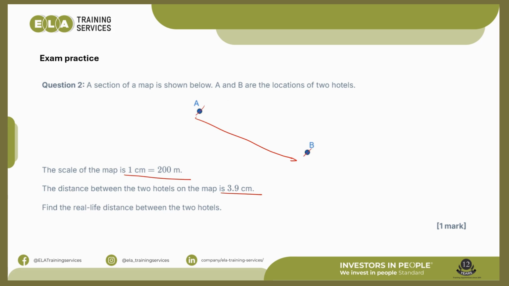Now, we need to do 3.9 times by 200. Now, that feels like a very daunting question. So let's make it easy for ourselves. For now, we're just going to ignore these zeros. And we're going to do 3.9 times 2. So 9 twice is 18. Twice 3 is 6 plus the 1 is 7.